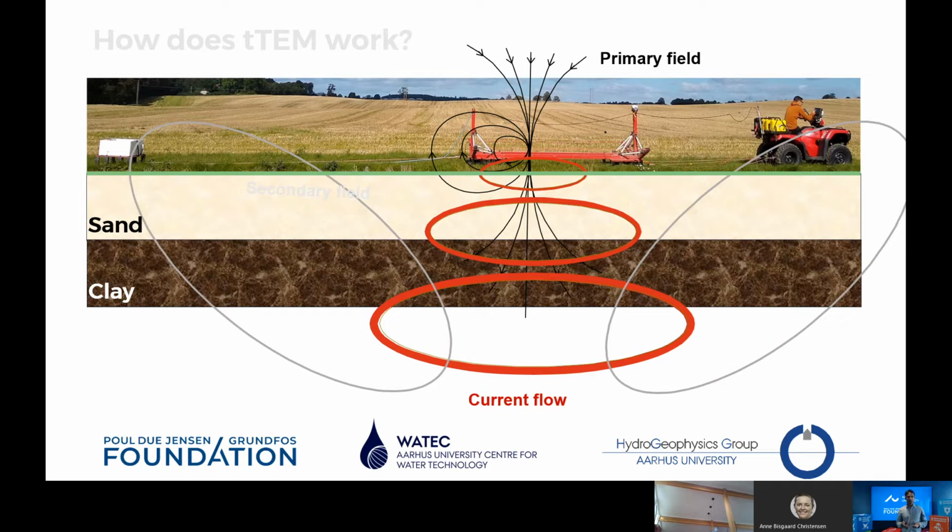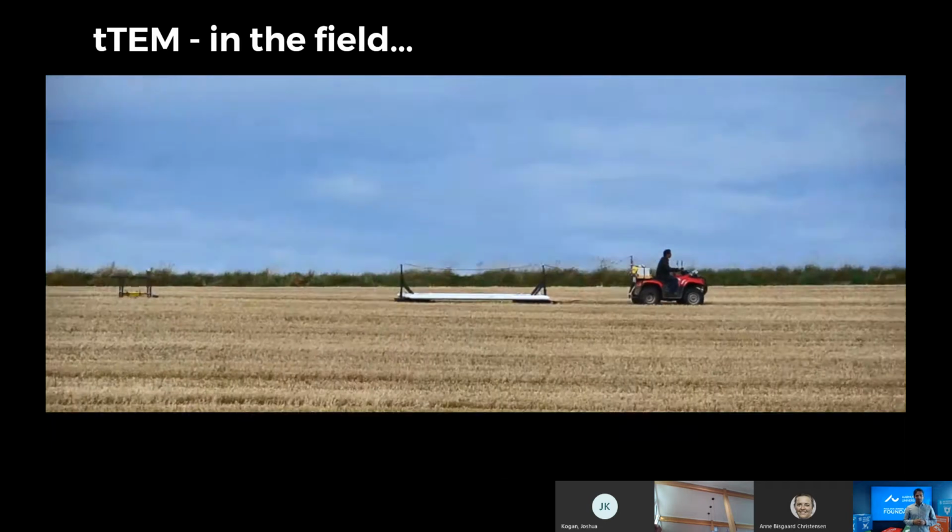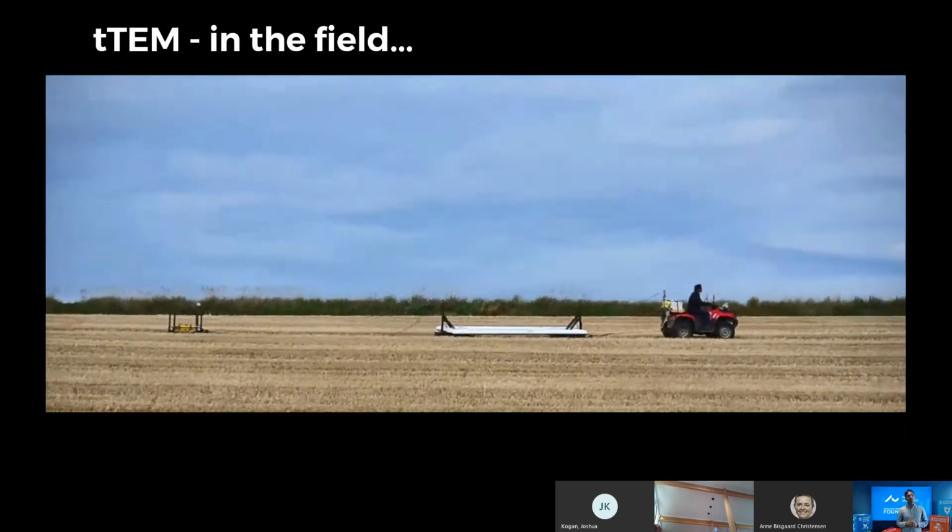For example, clay, which is very conductive, will generate more current strength, and consequently you generate a secondary magnetic field. This secondary magnetic field travels back up, where we have a receiver, which is recording. In the receiver, we record the strength of the secondary magnetic field as a voltage. So this is how the system is running in the field.